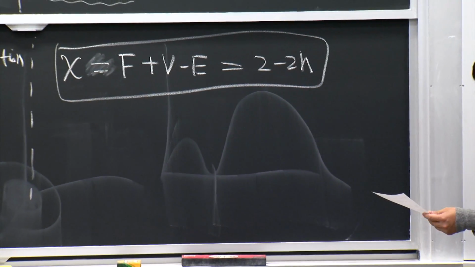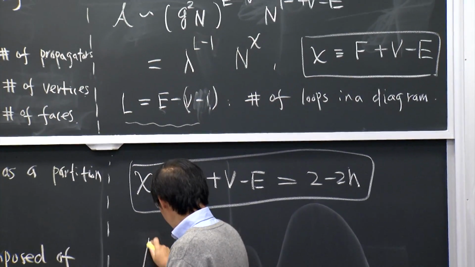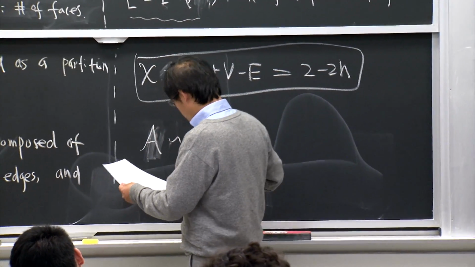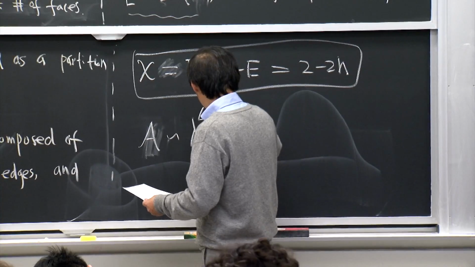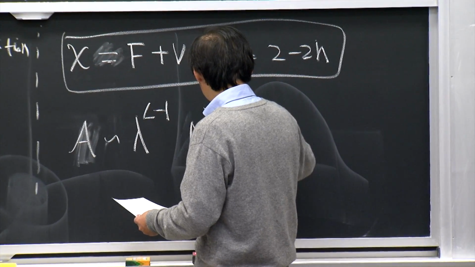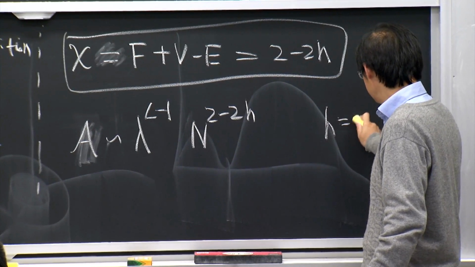So now we can rewrite this as a sum over diagrams of lambda to the power L minus 1 times N to the power 2 minus 2h. So remember, h is greater than or equal to 0.